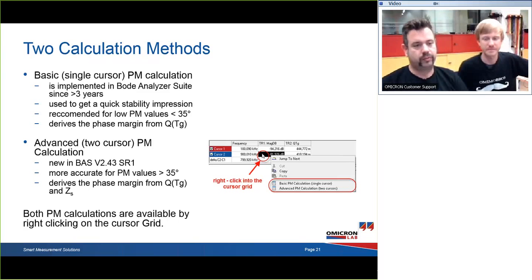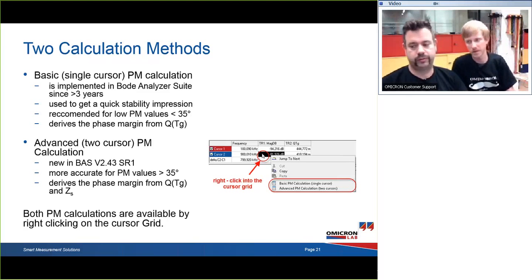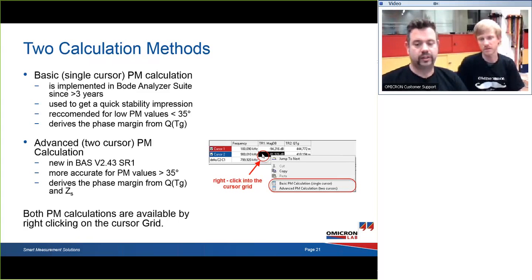While the single cursor method is only using the Q of the group delay, here we are using the Q of the group delay and the output impedance measurement. To activate these phase margin calculations, you just go to the cursor grid of the Bode Analyzer Suite, right-click into the cursor grid, and then you can choose either the basic or the advanced phase margin calculation method.